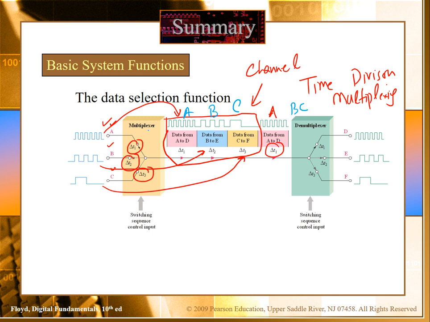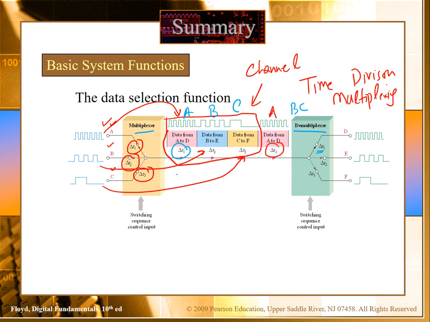At the input side you have a multiplexer. At the output side you will have a demultiplexer. At the output side you will be separating the data. How will we separate it? We will separate based on the time information.